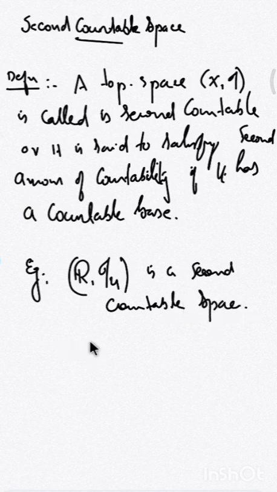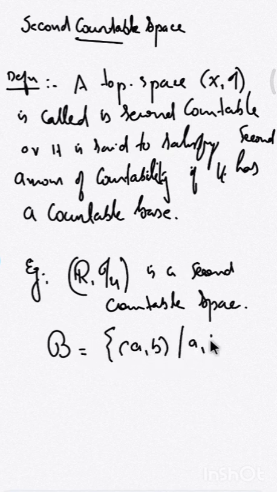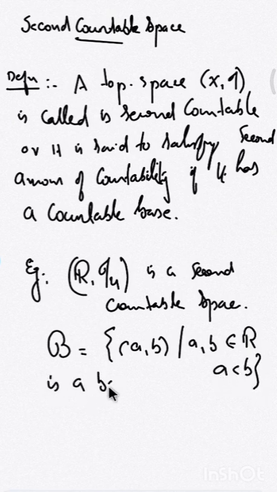To prove it, we need a countable base for it. We already know that the collection ℬ of all open intervals (a, b), where a, b vary over the real numbers with a less than b, is a base for this topology.